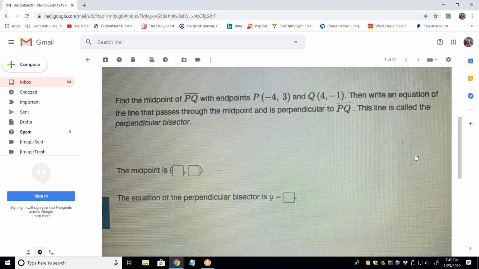Okay, midpoints are actually pretty easy. What do you think the midpoint between the two x coordinates is? First of all, what are the two x coordinates? -4 and 4. Yeah. Here, let me draw on this a little bit.